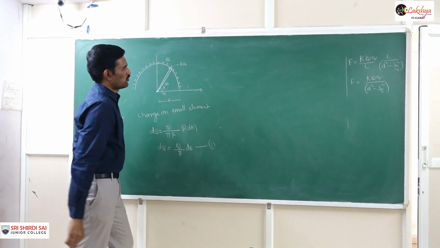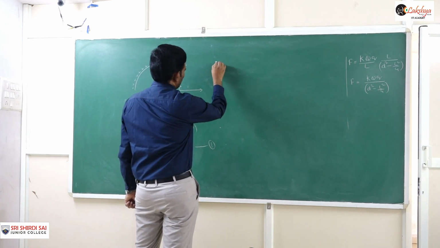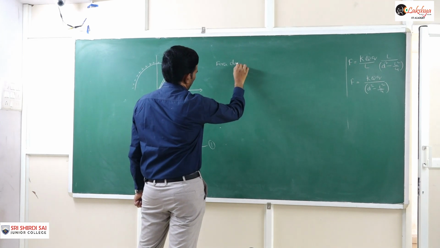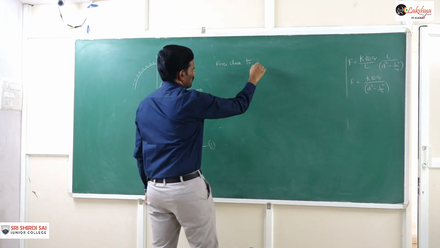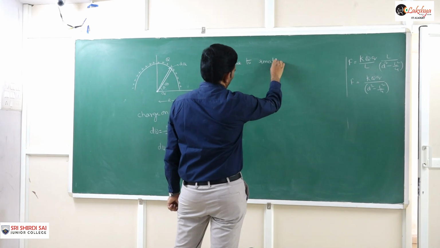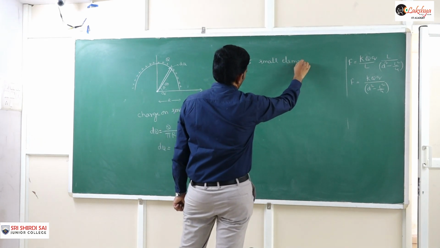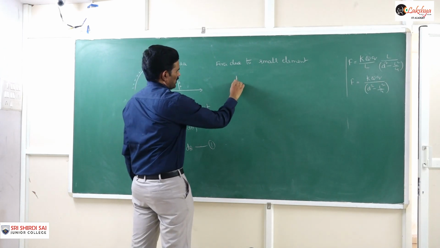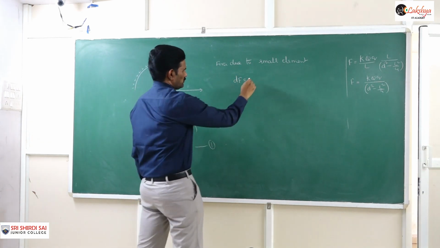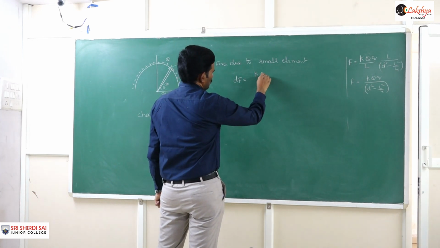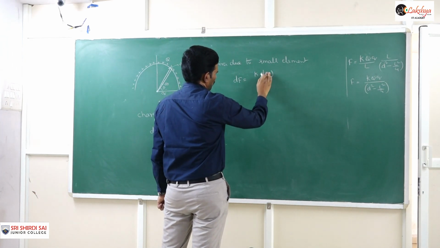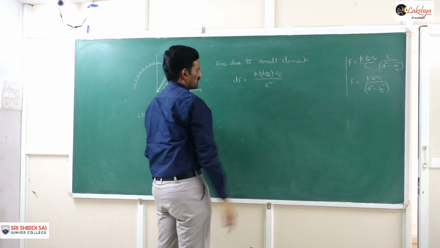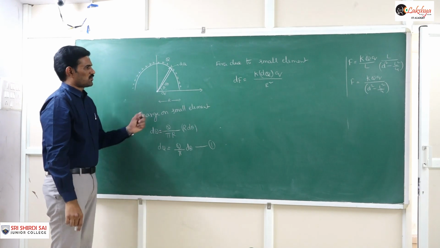And next let us write the force due to the small element. That force due to the small element I can write as dF is equal to k into dq into q by r square, where r is the distance between that element and this point charge.